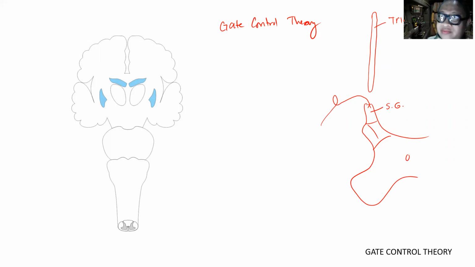Not extremely important, but a nice fact, and it ties your body and your face together. So when you're talking about the substantia gelatinosa, the term gate control theory is also thrown in.